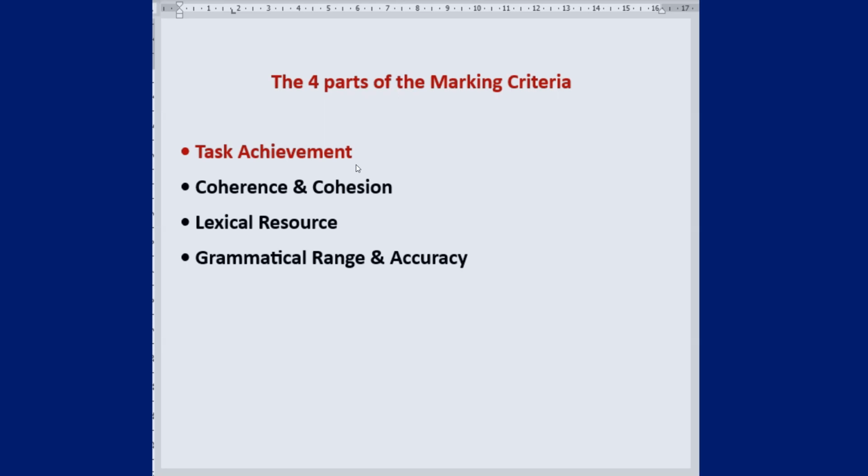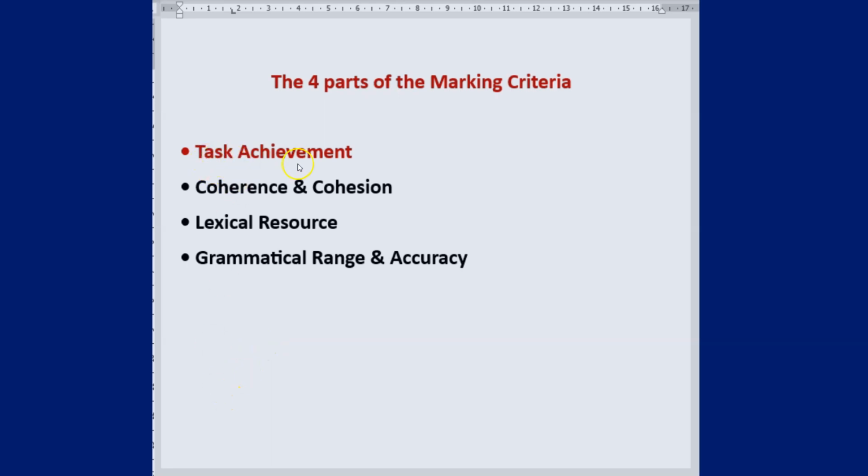So when the question is given to you, as we learned from our previous lessons, it is divided into several parts and you have been asked to summarize the information by selecting and reporting the main features and make comparisons where relevant. So task achievement is to examine whether you have been able to do everything necessary to meet all the tasks in the question. So that is what we mean by task achievement.